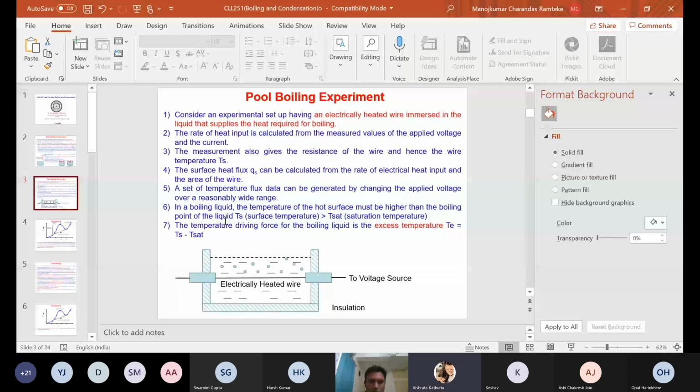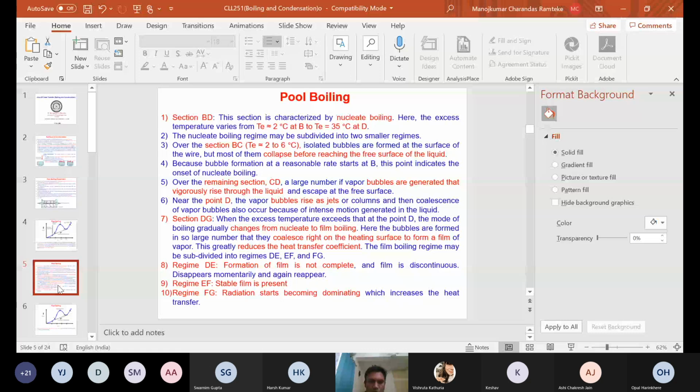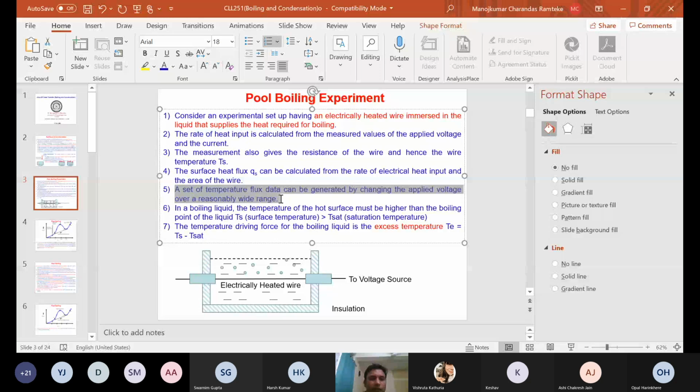This slide, are you saying? Yes, sir. Okay. Over the remaining section CD, a large number of vapor bubbles are generated that vigorously rise through the liquid and escape at the free surface. Sir, I was pointing towards slide number 3. So this is the slide you are saying. No, sir, this is slide number 5. You need to go 2 slides back. That is what I have done. There could be a little lag. Yes, sir. Now, is it okay? Can you see? Is it the correct slide? Yes, sir.